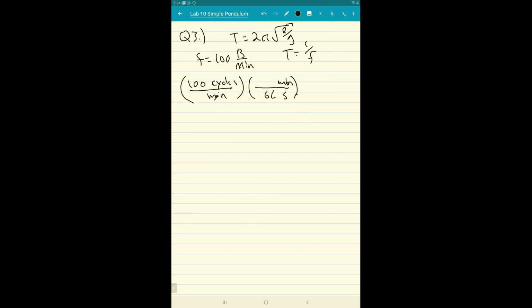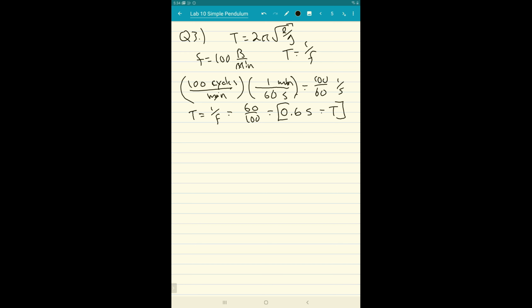I'm going to put 60 with the seconds, 1 with the minutes, and then I have 100 over 60, which is basically cycles per second, like 1 over seconds. That's my frequency. If that's my frequency, and T is 1 over frequency, then my period is actually 60 over 100, which is 0.6 seconds. So that's my period.